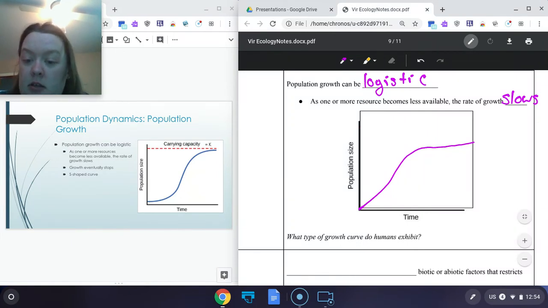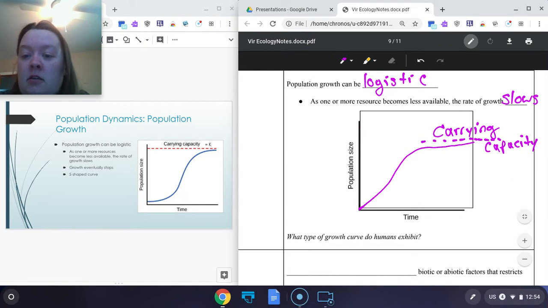And this here is what we call our carrying capacity. And what that means is that's the number of organisms that population can successfully carry.